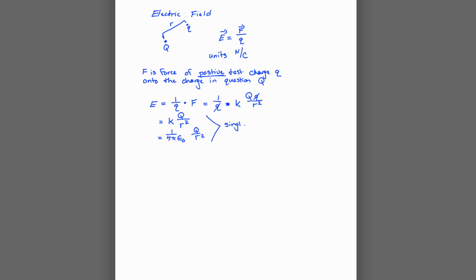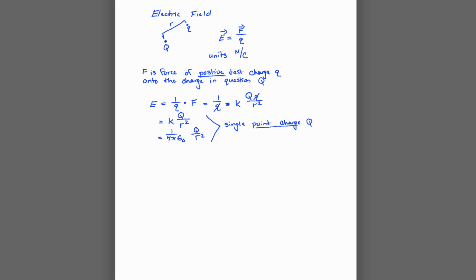So what this means is that if you happen to have a rod or a ball, something like that, that's not a point charge, or if we have more than one charge involved, then we'll need to use superposition, just like we did with forces. So we would have to calculate the electric field due to each individual charge and add them together.